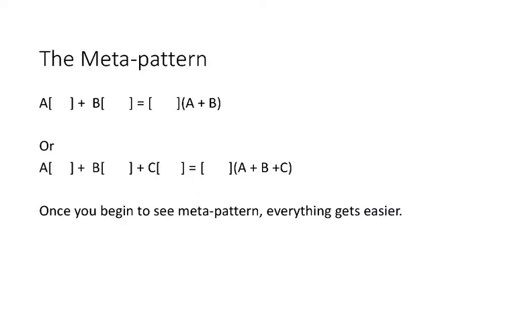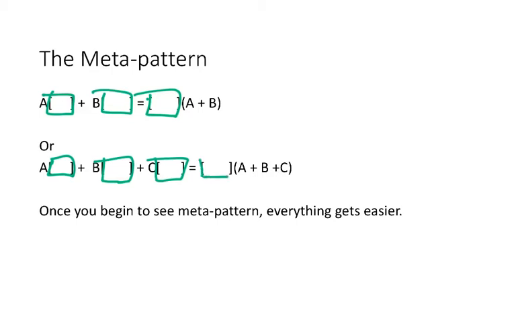So the meta pattern, just to say, is we've got some object here that is common to both of these things, and then I could factor it out. Or if I have more than one, I could have up to 3 things or 4 things or 5 things. It doesn't matter. I'm going to factor all of those things out so that this is all that's left over. And this is the big pattern for any sort of greatest common factor.